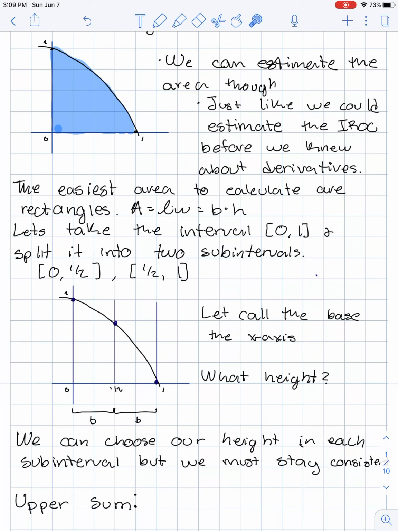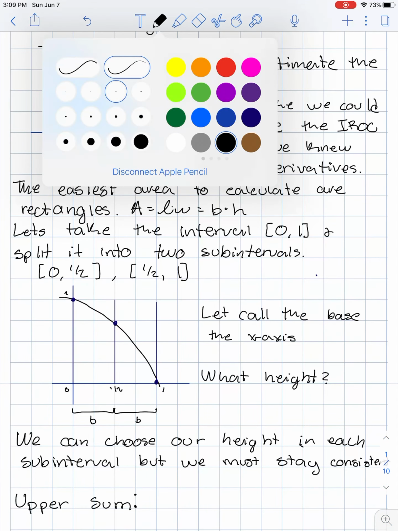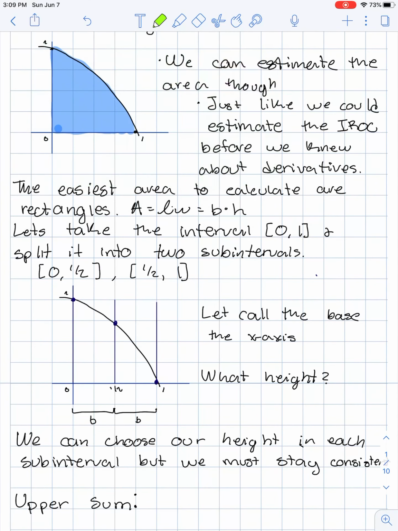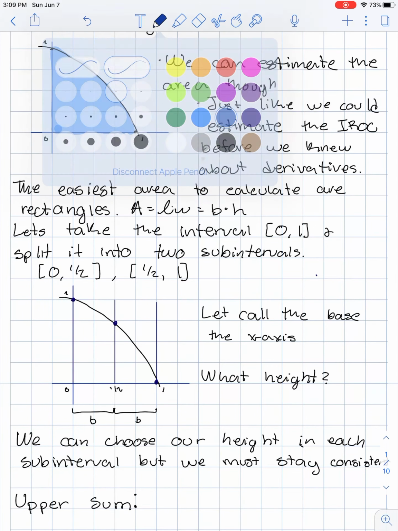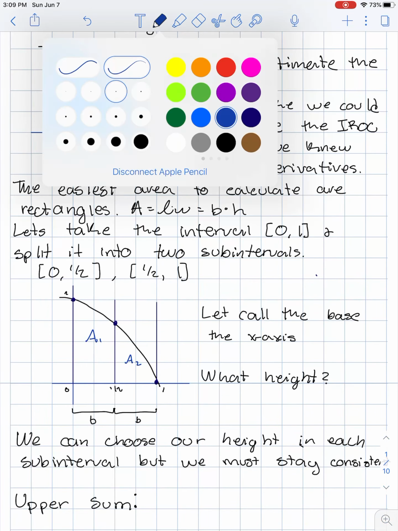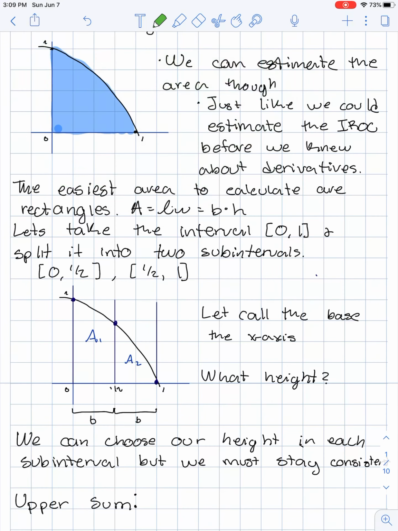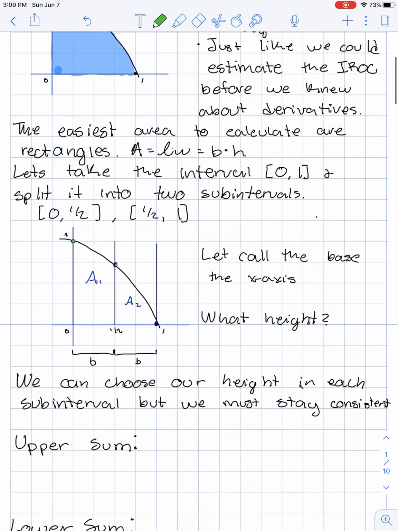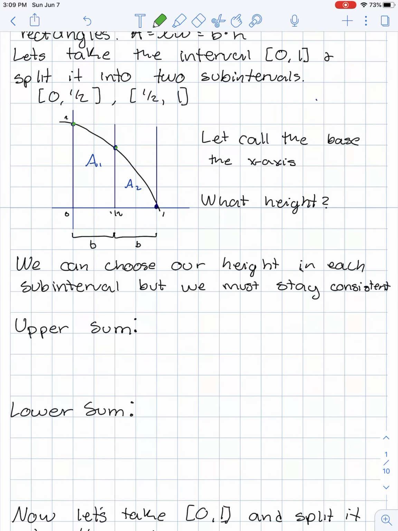So I can make my rectangle, I can have 2 points in this first area. Let's call this A1 and we'll call this one A2. Well, I have this point right here or this point right here to choose from to be my height. We can choose our height for each subinterval, but we have to stay consistent. So I can choose the upper sum or the lower sum.